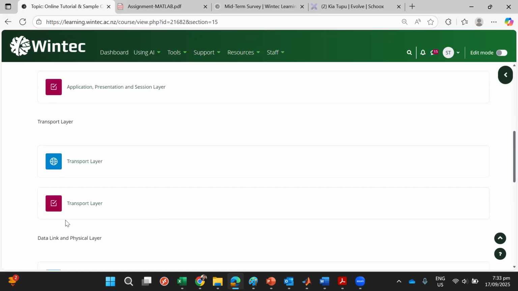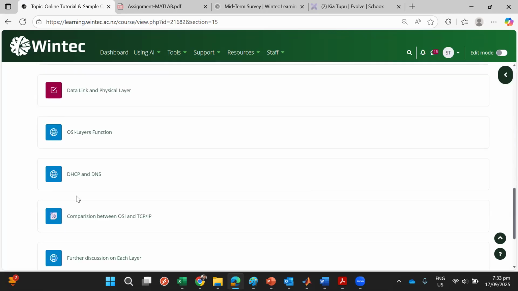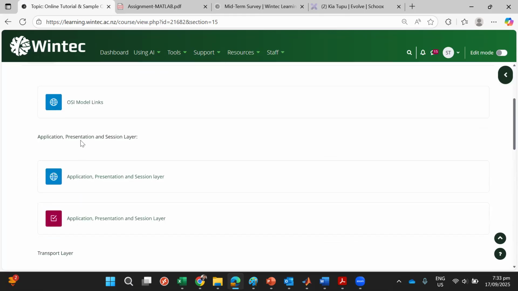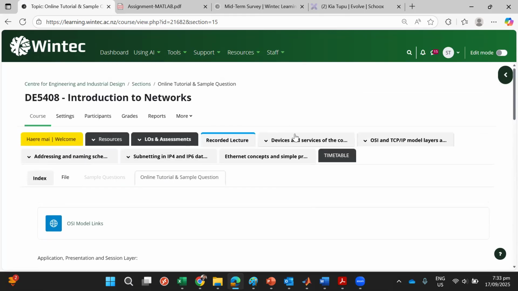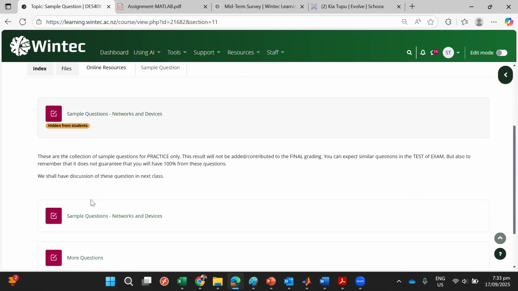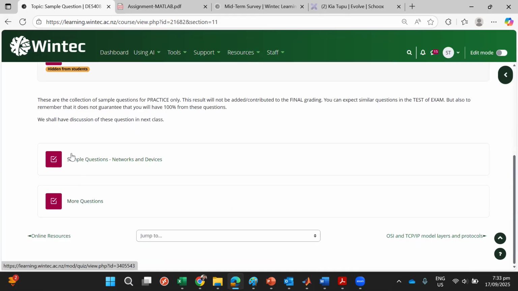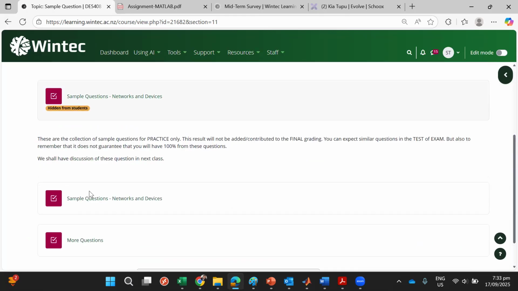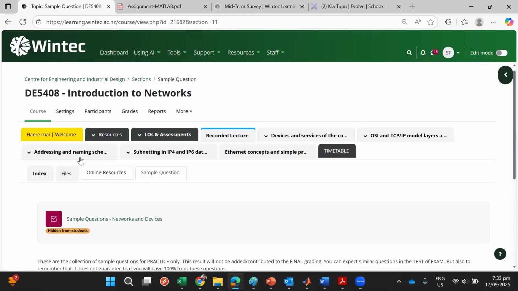There are a few questions on this one, so you have to go through all the quizzes and the practices. Also, for the devices, you will find the sample questions. That is mandatory. You should go through this for the preparation of the test.